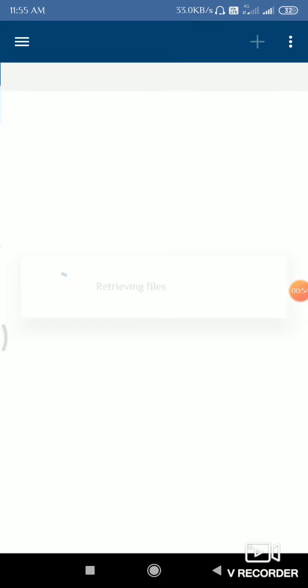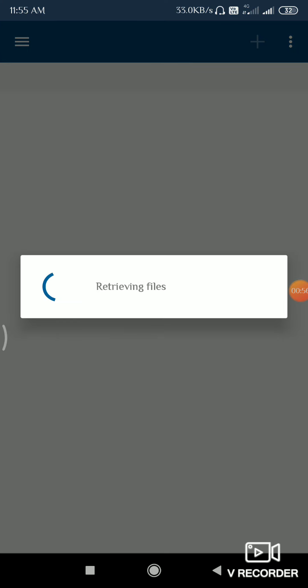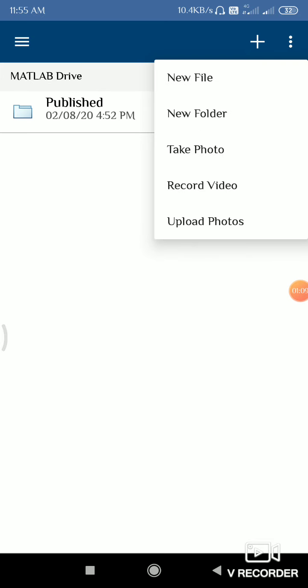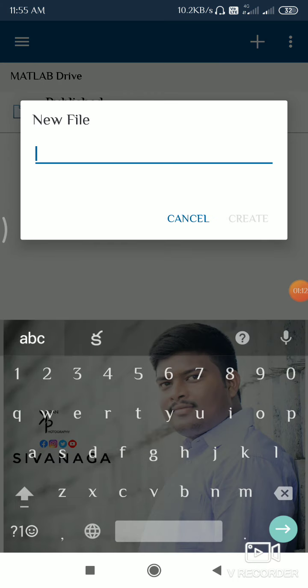Now I select files, then I select new file. Now I am doing maximum power transfer theorem programming. For this I give a name to the new file, that is maximum power transfer.